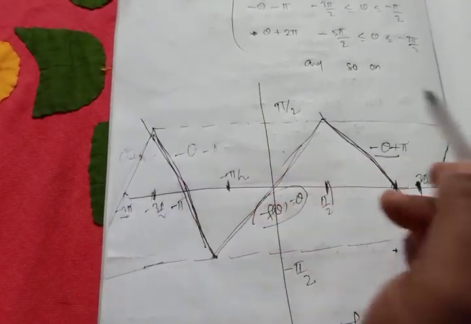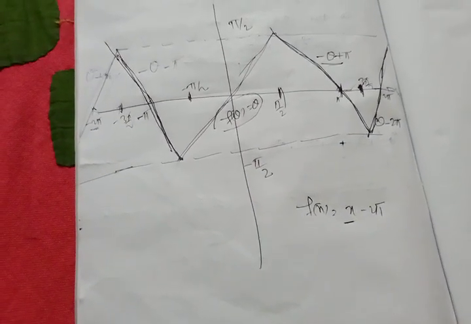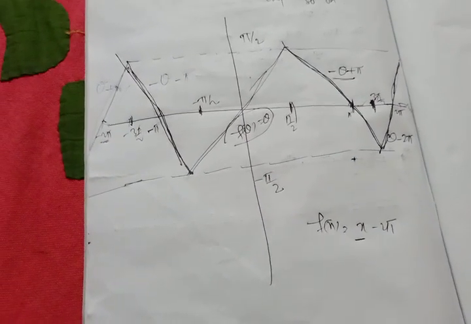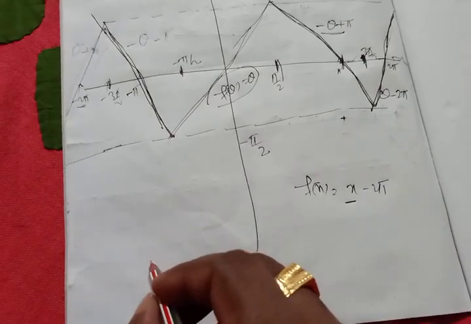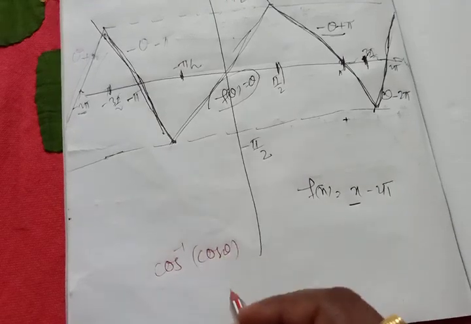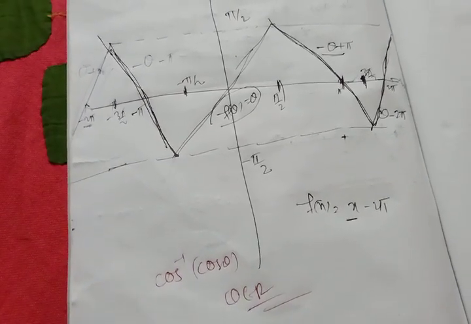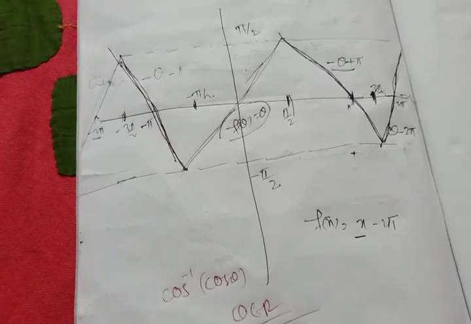So this is all about sine inverse of sine theta. Now think about cos inverse of cos theta: how to evaluate the value of cos inverse of cos theta when theta belongs to any real number. You think about the same concept.